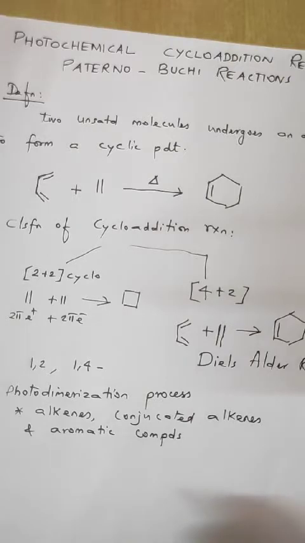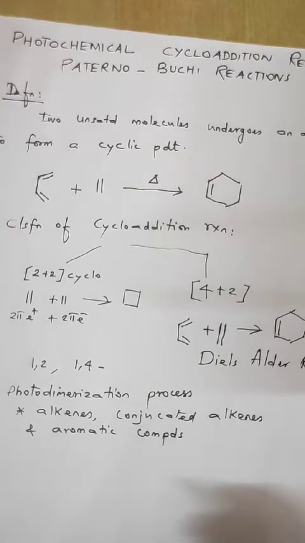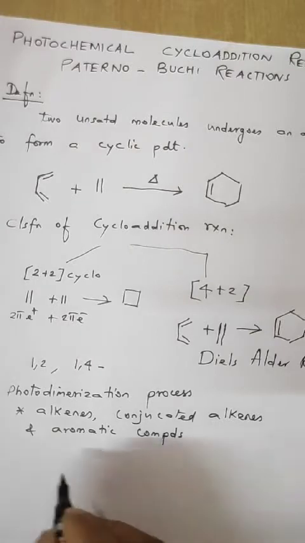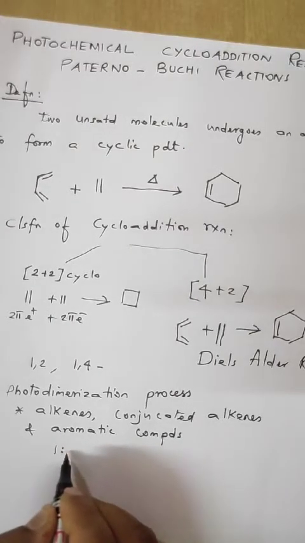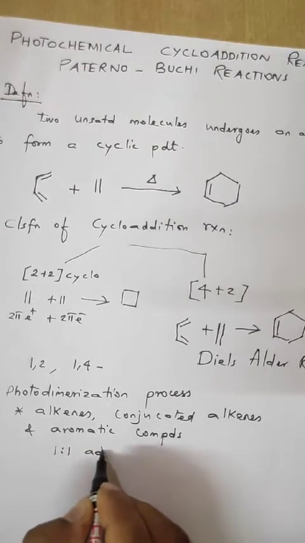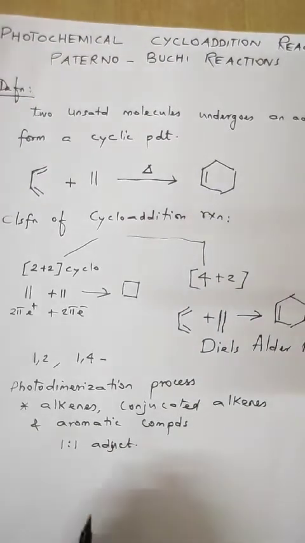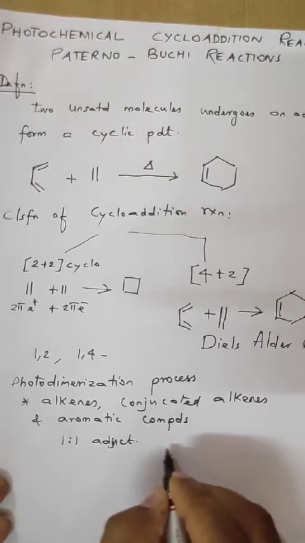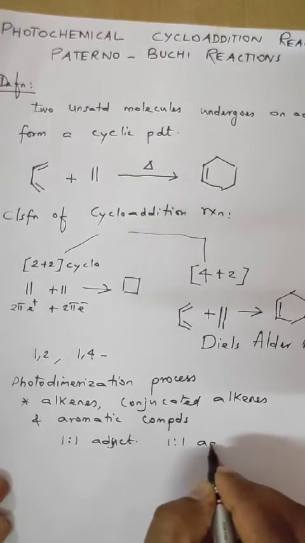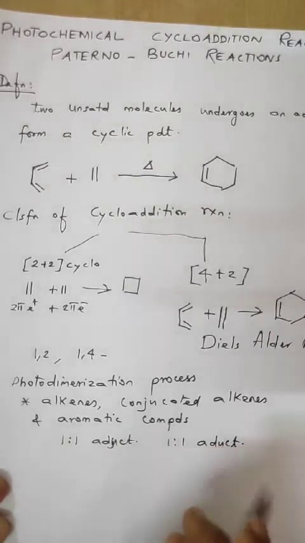The photodimerization reaction of an excited state of one molecule of a reactant with another molecule of the same reactant in its ground state gives the 1:1 adduct. Okay, 1:1 adduct.